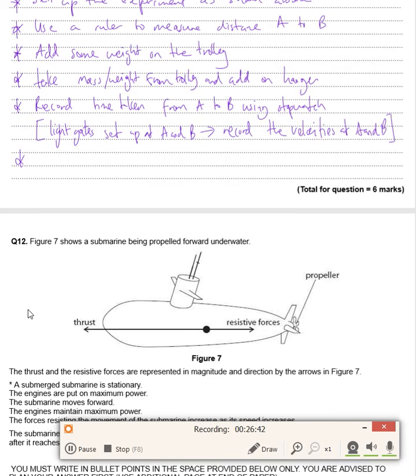So what we can do, we can calculate the acceleration, with acceleration is V minus U over T. Okay? V minus U over T in this case.